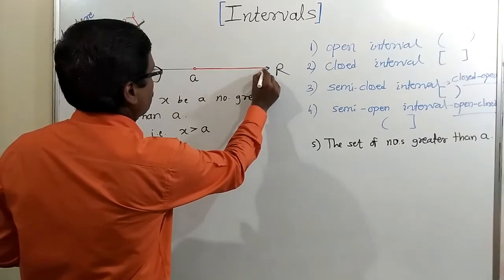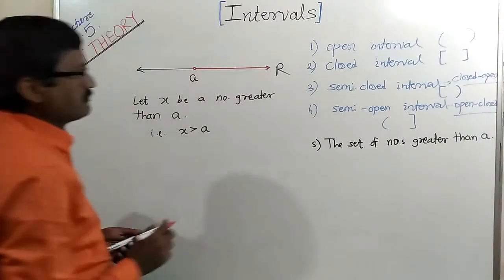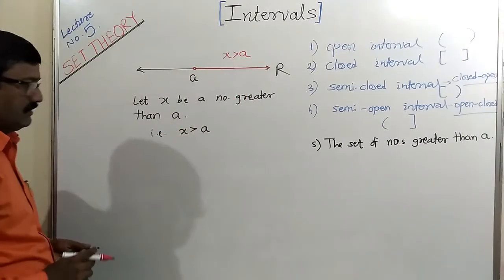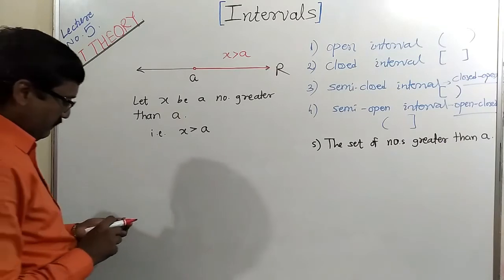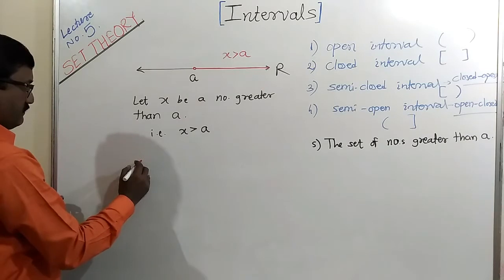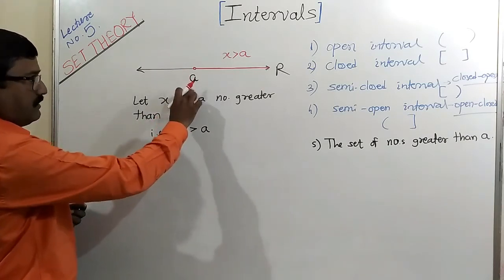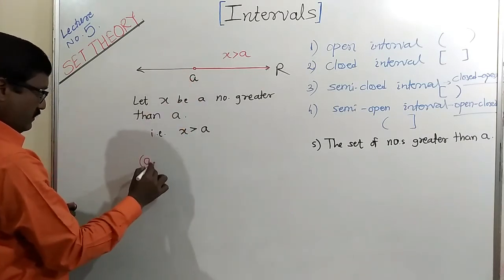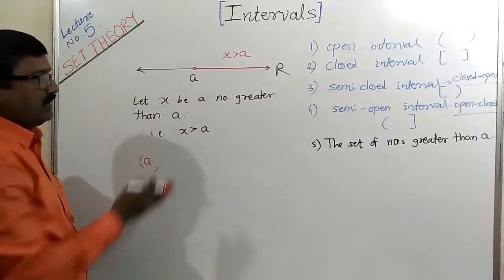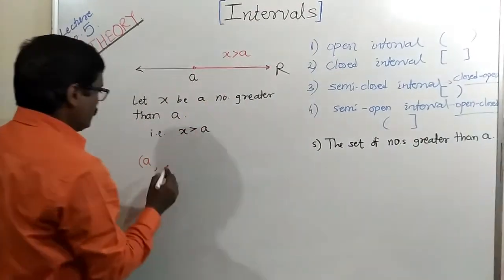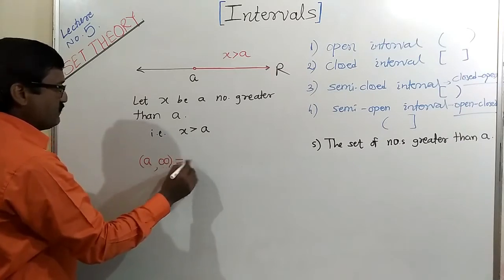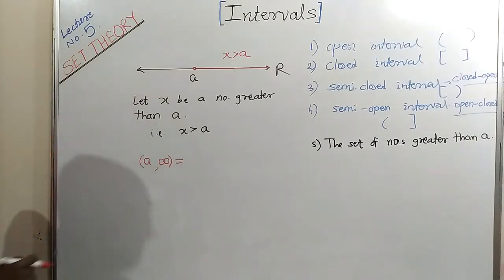Here x is greater than A. You can write this interval in set builder form. It is open A, and to the right we get the number, because it is infinite, x tends to positive infinity, so we will take infinity here, and it is unknown, that's why once again an open, curved bracket.